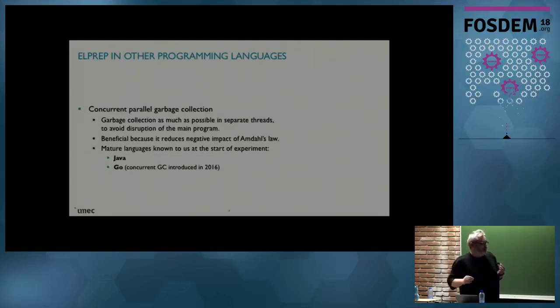It's beneficial for performance because it plays nice with Amdahl's law. When we started the experiments, the mature languages that are known to us that employ this were Java and Go. Go introduced this in 2016, and we needed something that runs well on Linux. So these were the only options that we were aware of that support this well in mature languages.